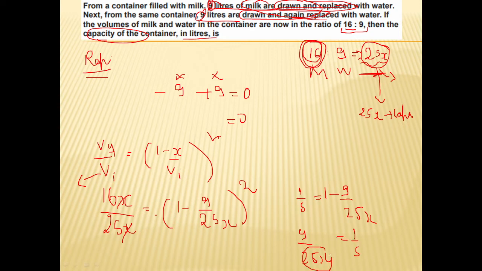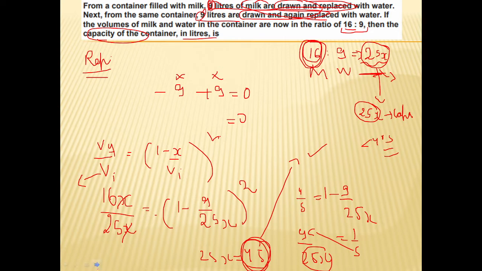So 25x equals 9 into 5, 45. And what is the capacity? The capacity is 25x. So the answer to this question is 45. Easy, this was less than 40 seconds, I guess. If you are super quick in the calculation, you will take much less time, I guess 30.